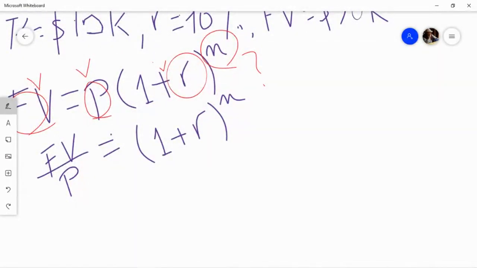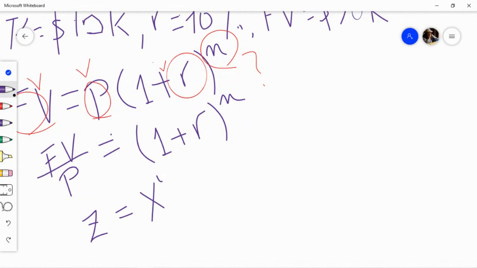But look, this is a z equals x raised to y structure. Previously, we were able to isolate x and open up x to solve for something inside x.